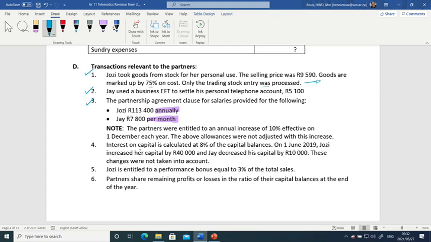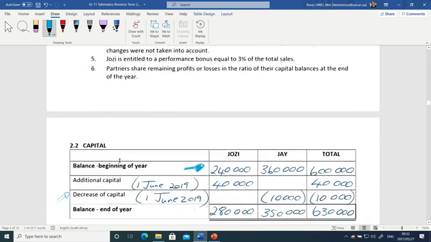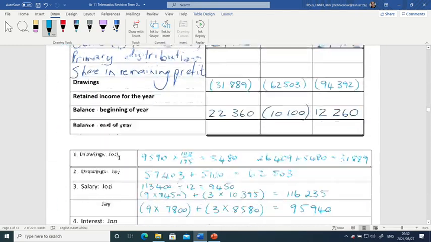Number 4, interest on capital is calculated at 8% on the capital balances. And on the 1st of June, Josie increased her capital by 40,000 and Jay decreased his capital by 10,000. And it was not taken into account. So we must use that in order to calculate the interest on capital.